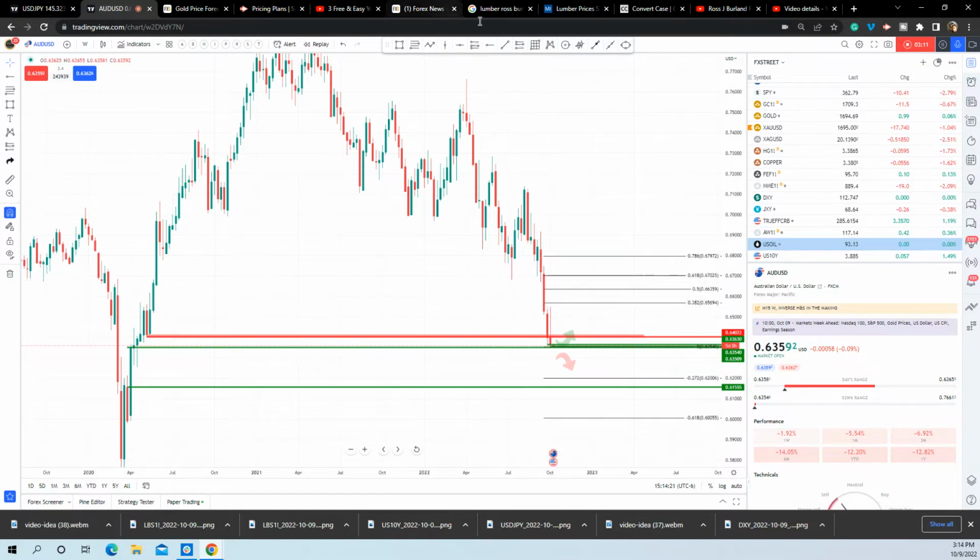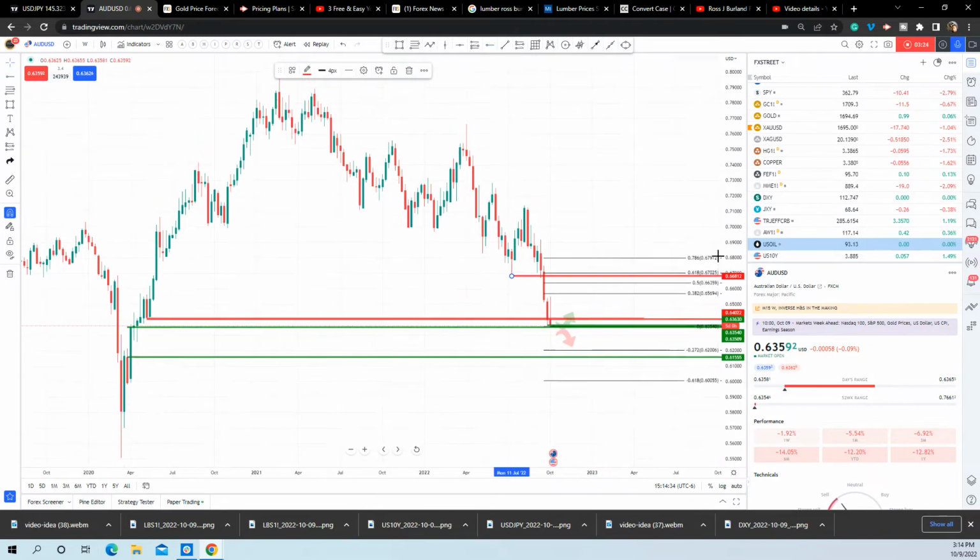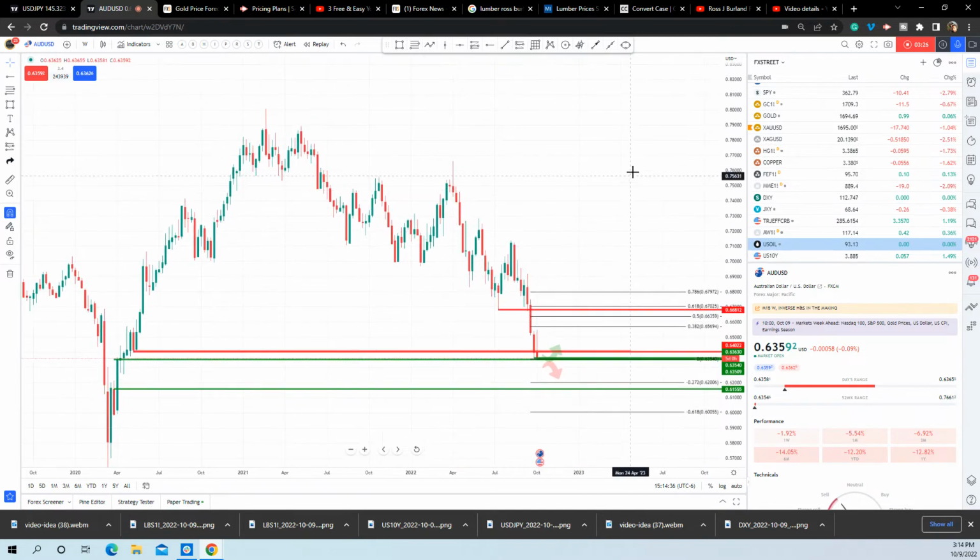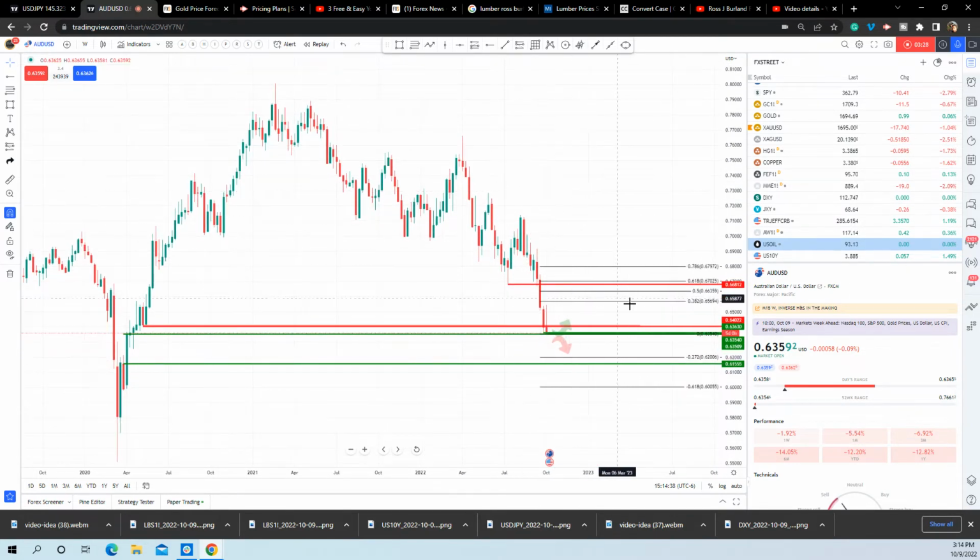And you've got your resistance potentially over there for a 61.8 retracement. All right, so that's the outlook for the weekly scenario.